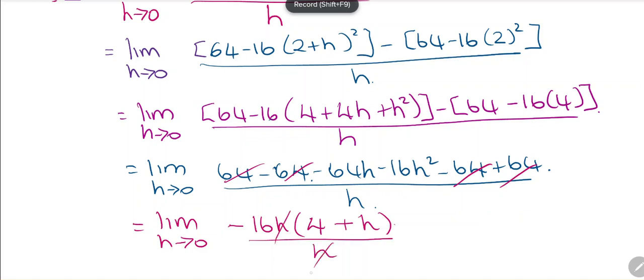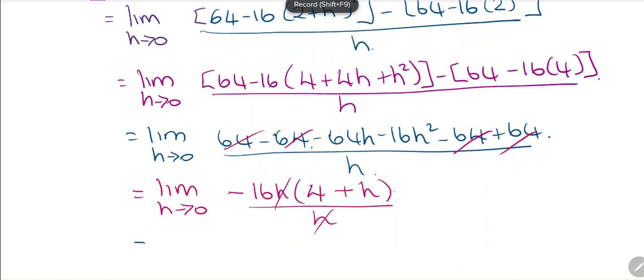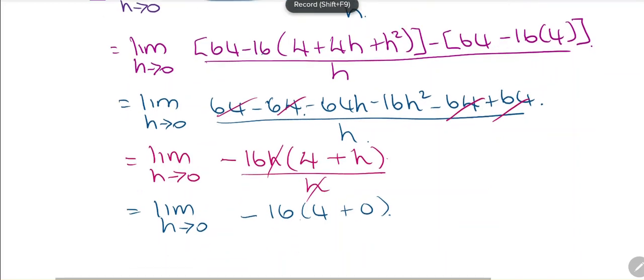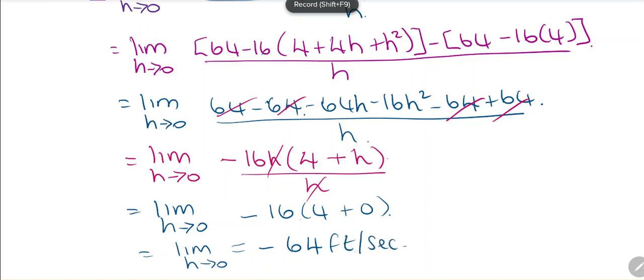So the h is going to cancel. Then the limit as h is approaching 0, you've got minus 16 multiplied by 4, and this is plus 0. So if we substitute in the value, the limit as h is approaching 0 is going to be minus 64 feet per second.